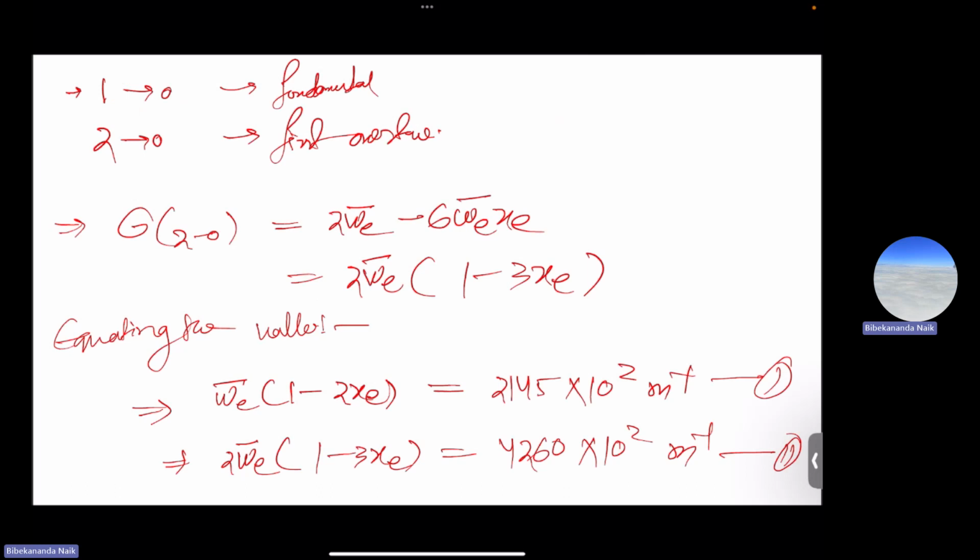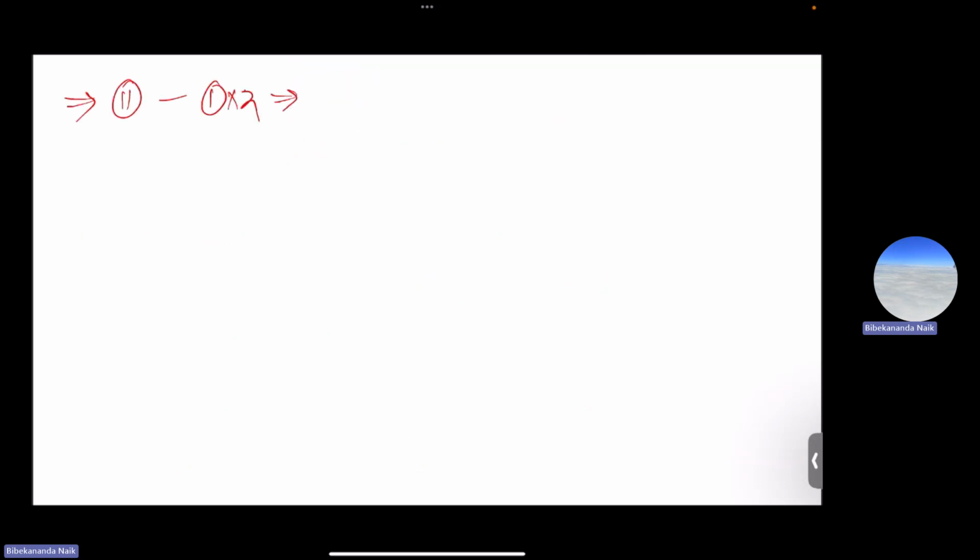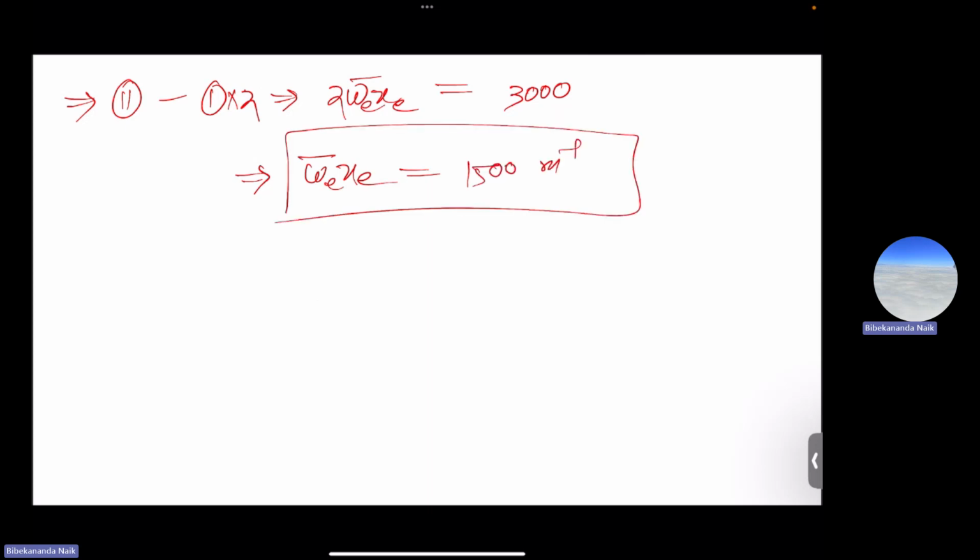There will be 4 omega E xc and 6 omega E xc. So 6 minus 4, it will be 2 omega E bar xc is equal to 3000. Then omega E bar xc will be equal to 1500 meter inverse.